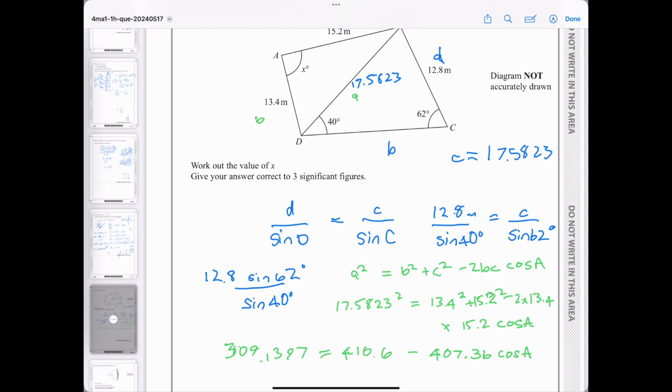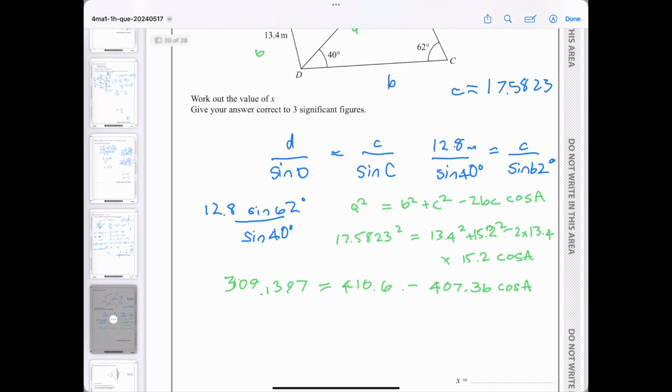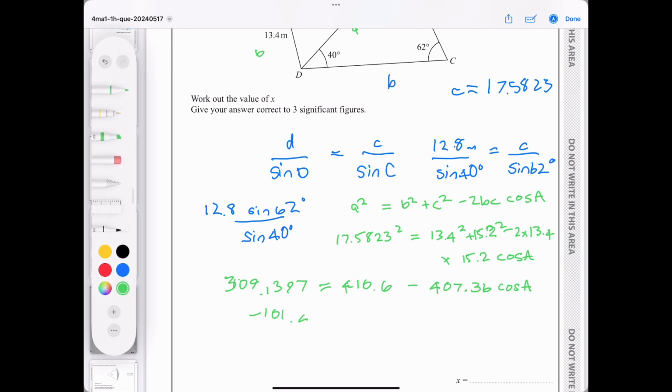Right, now we're going to take this off that side, so 309.1397 minus 410.6 equals minus 101.4603 equals minus 407.36 cos A. So now if we divide this by minus 407.36, equals, so cos A equals 0.2490 whatever.